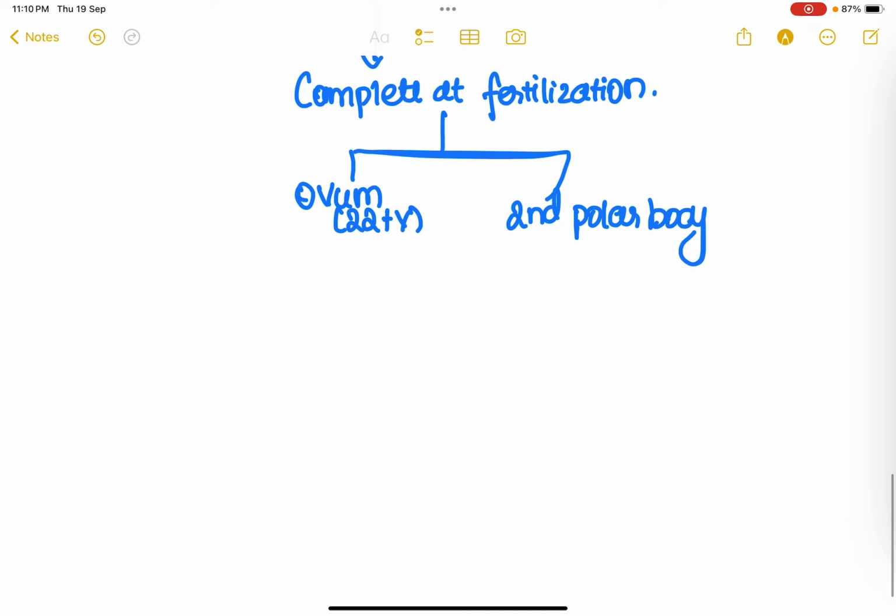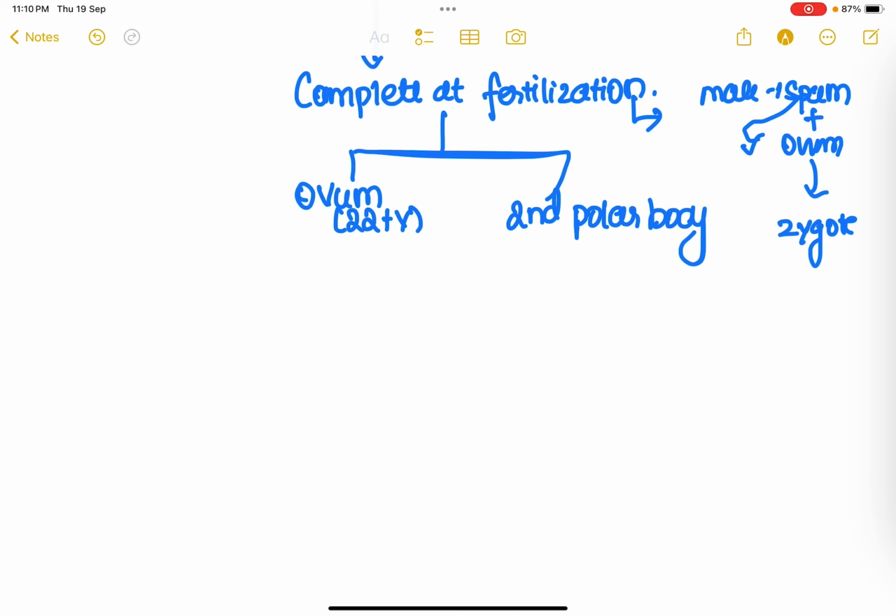So we all know what is going to happen at the time of fertilization. The male gamete, the sperm, is going to fuse with the ovum and form the zygote, right? Only when the male gamete comes, the secondary oocyte arrested in the metaphase is going to complete its division and the ovum is going to get released.